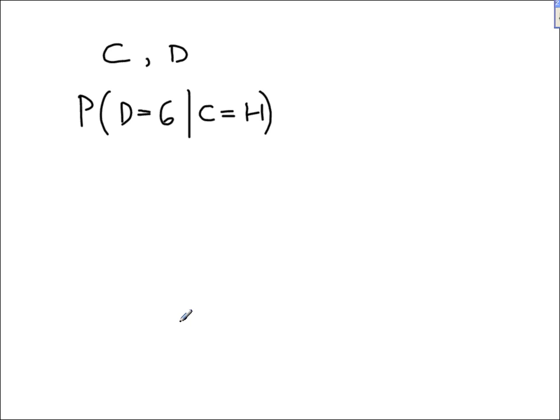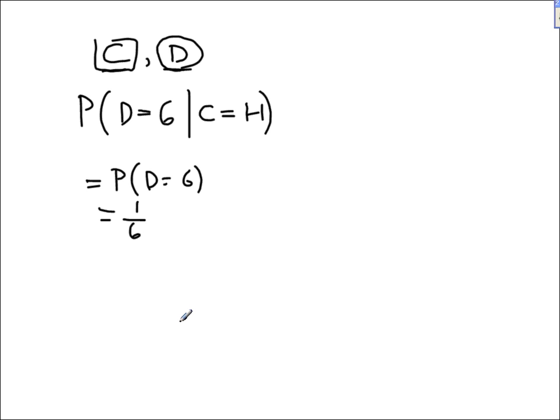Now, think about it. You toss a coin, and you roll a die. Do you really think the outcome of the toss of the coin is going to affect the roll of the die? The answer is, of course not. This is just going to equal the probability that the die is 6, which is 1 out of 6.